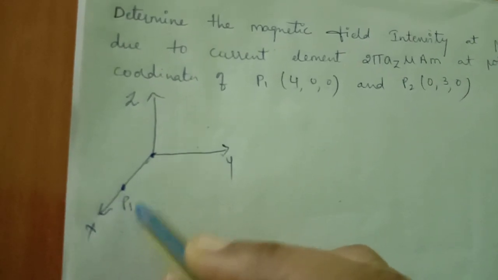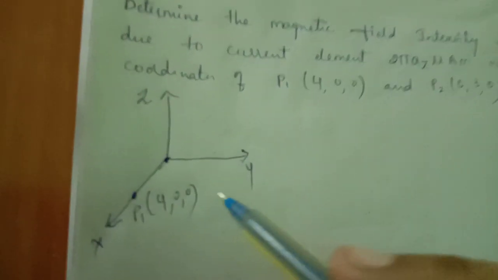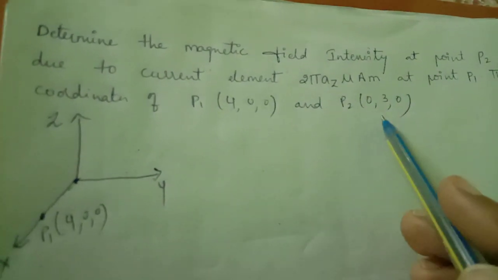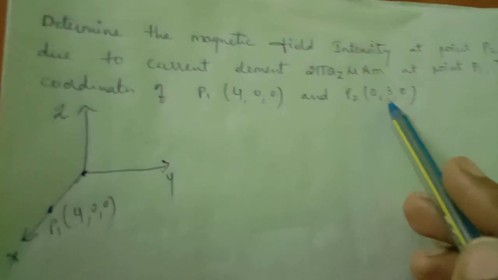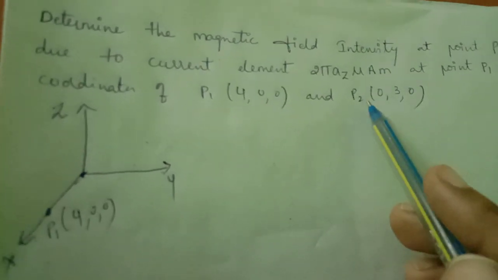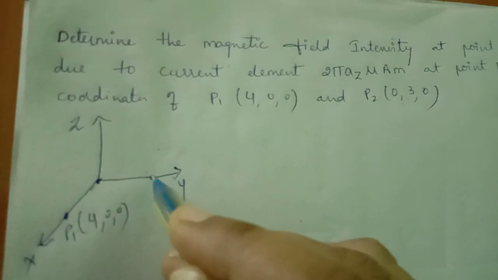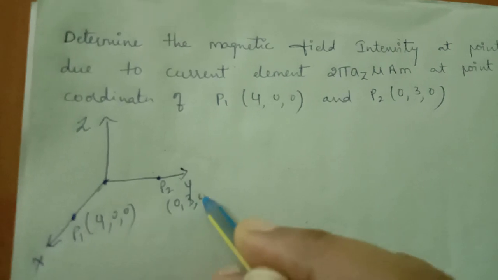So P1 is (4, 0, 0). The magnetic field intensity is produced at point P2, whose value is (0, 3, 0), that is x and z are 0. Only the coordinate y is there, so P2 is lying on the y-axis. Let the point be here, with value (0, 3, 0).